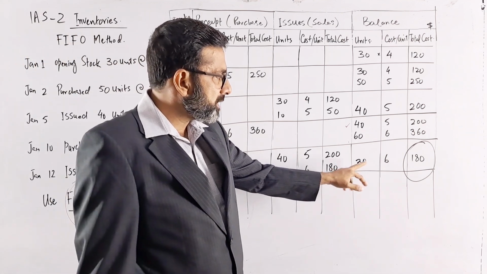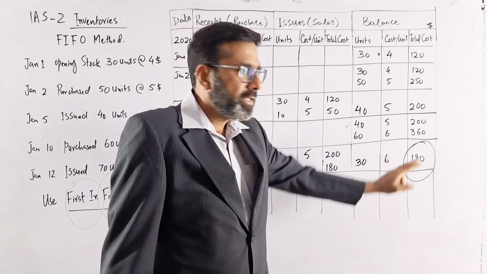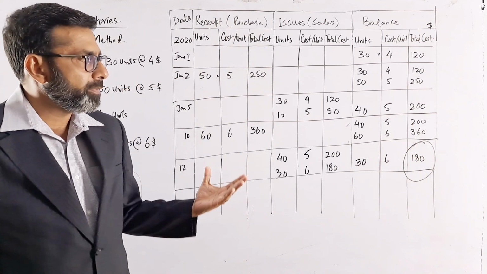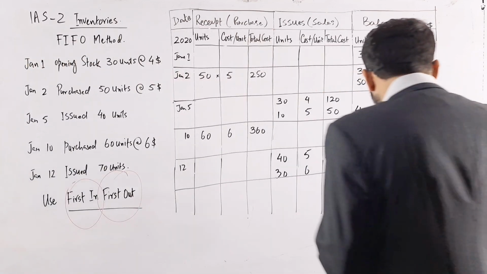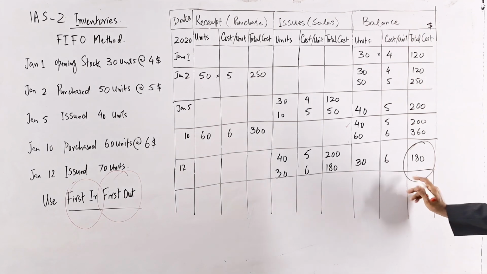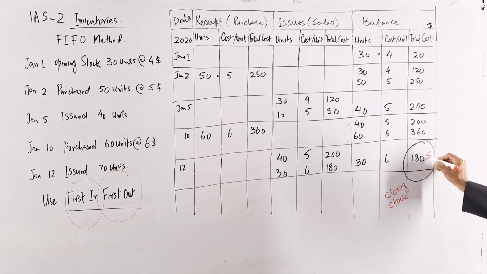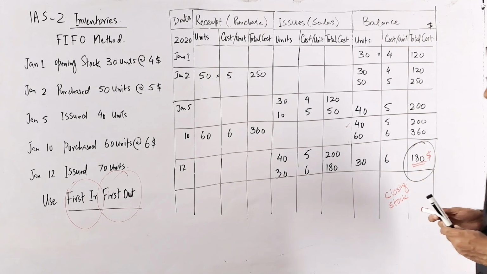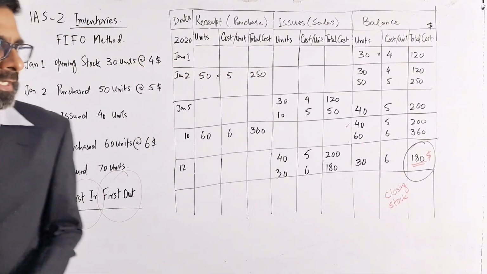They have 30 units, and the cost of 1 unit is how much? That is $6. So the value of the closing stock is how much? That is $180. This $180 is the closing stock. This is the thing that we are calculating. So $180 is the value of the closing stock at that specific date.